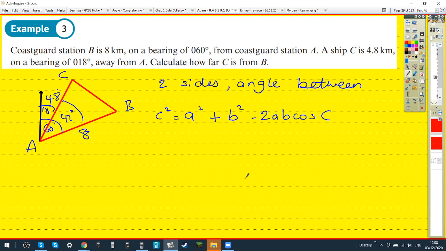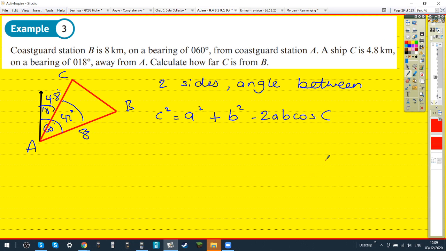So see the length we're trying to work out? Yep, which is C to B. But we only have one length. We have two, it's 4.8. Okay, I see that.